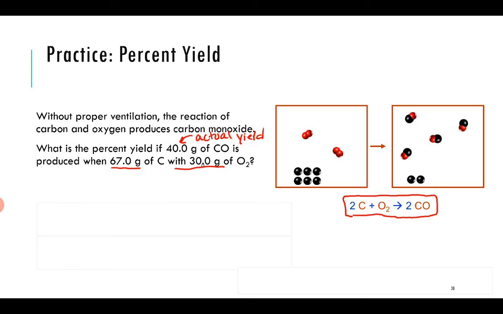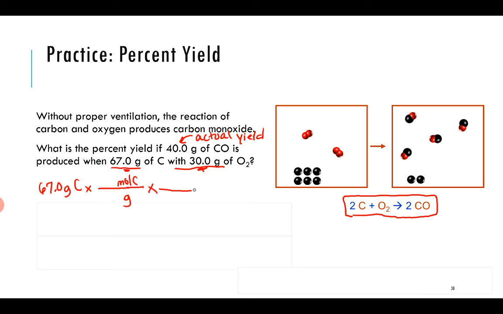We need to calculate our theoretical yield. We are given mass amounts of 2 different reactants. That means that this is a limiting reactant problem, and we have to figure out which reactant will run out first. And so I know that I have to cancel out my grams and get to moles.